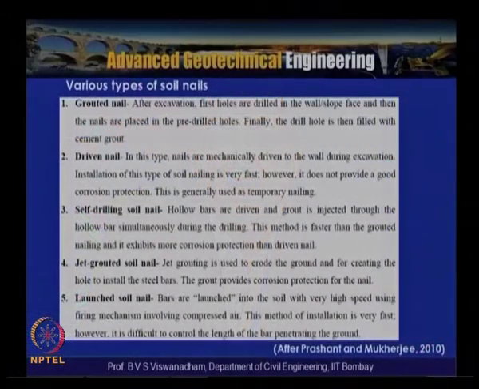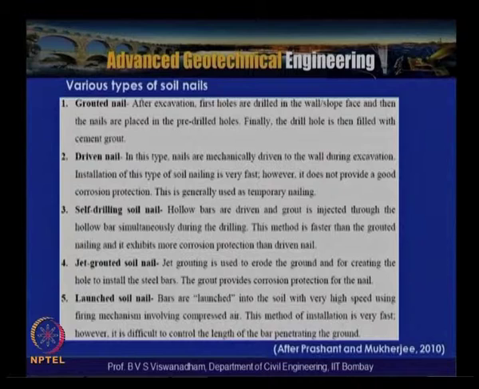There are various types of soil nails, and two popular types are the driven nail and the grouted nail. In the grouted nail, after excavation, holes are first drilled in the wall or slope face, and then the nails are placed in the pre-drilled holes. Finally, the drill hole is filled with cement grout.